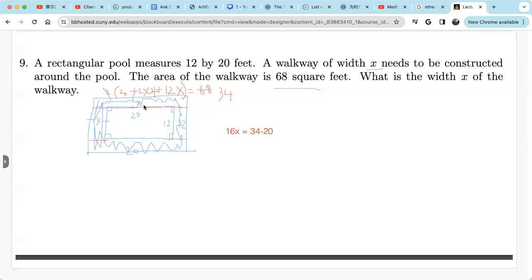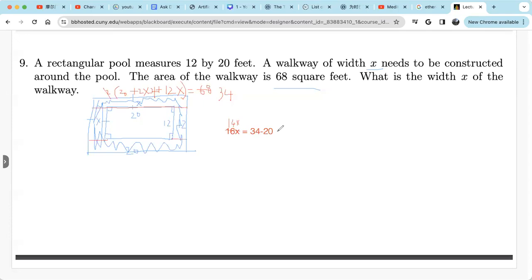So 2x plus 12 times x, yes, that's 14x. I wrote this wrong. This should be 14x, not 16x, because 2x plus 12x is 14x.